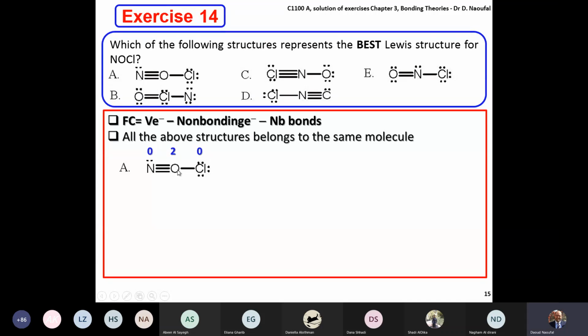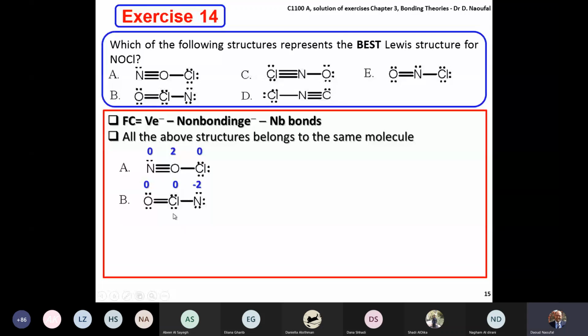In the second atom, which is the oxygen, we have 6 minus 0 minus 4, so the formal charge is plus 2. In Cl, we have 7 minus 6 minus 1, so the formal charge is equal to 0. In B, 6 minus 4 minus 2, 0.